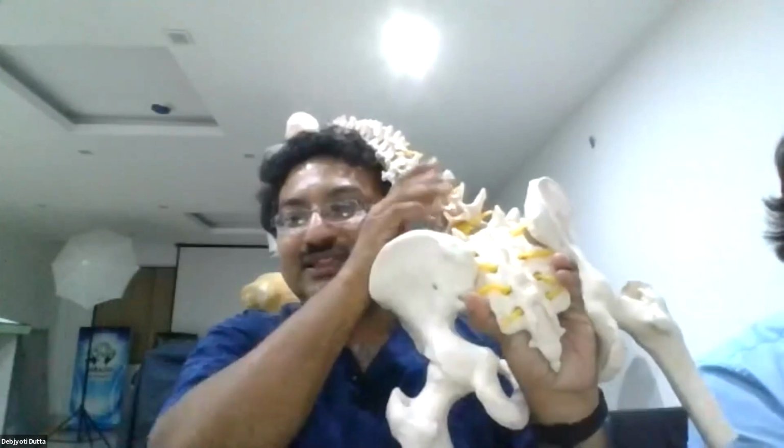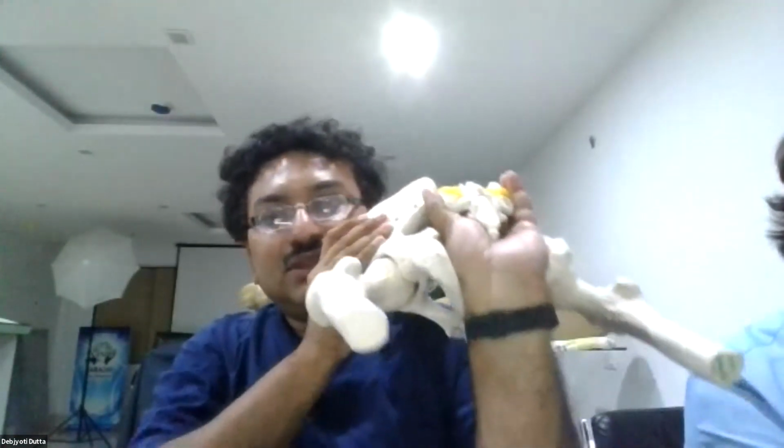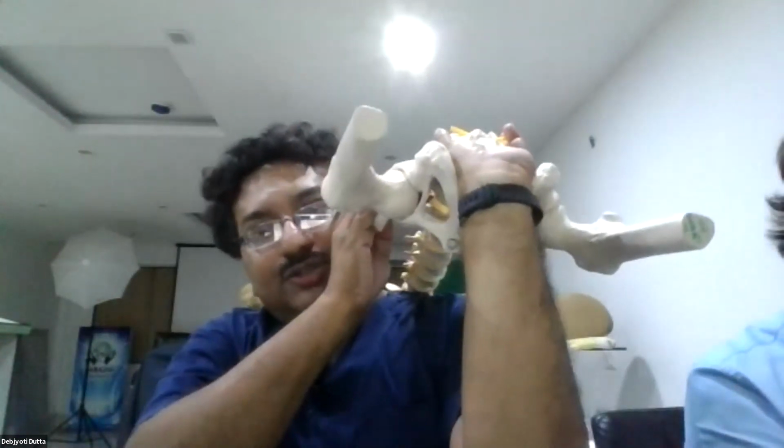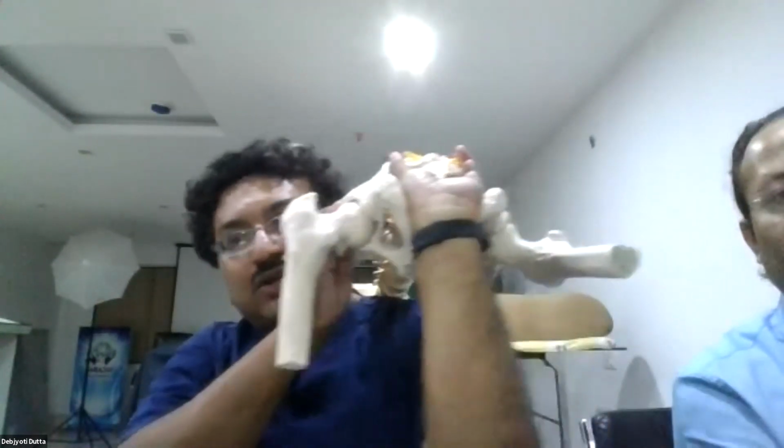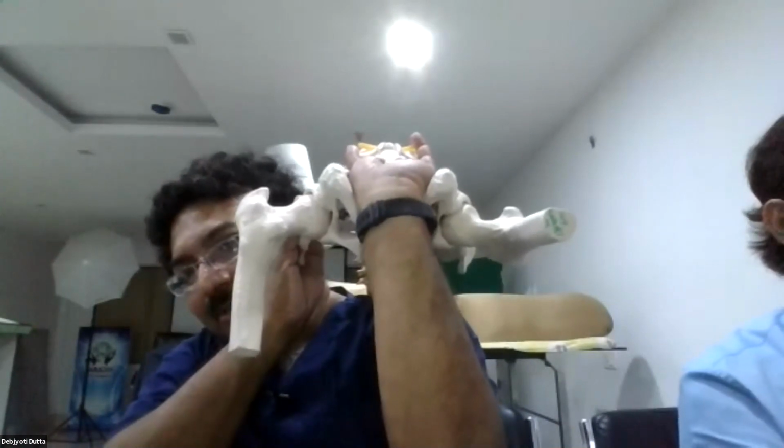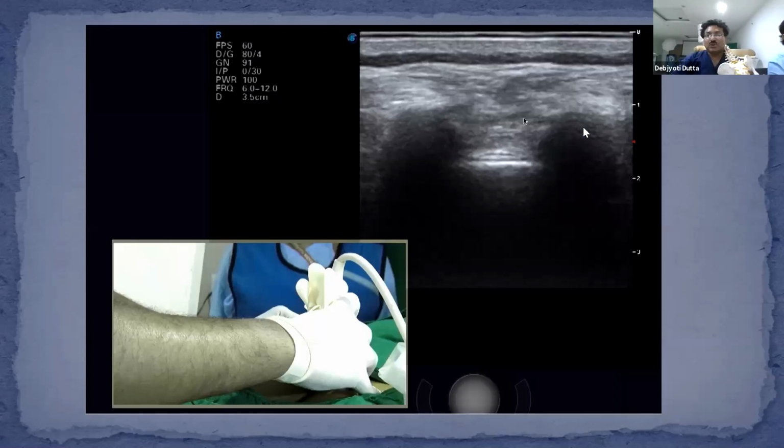If we see the same from an angle like this, we will be able to see two sacral cornua, and in the cross section we'll see the same. These are the two sacral cornua, and here you can see the bony portion in the lower part.